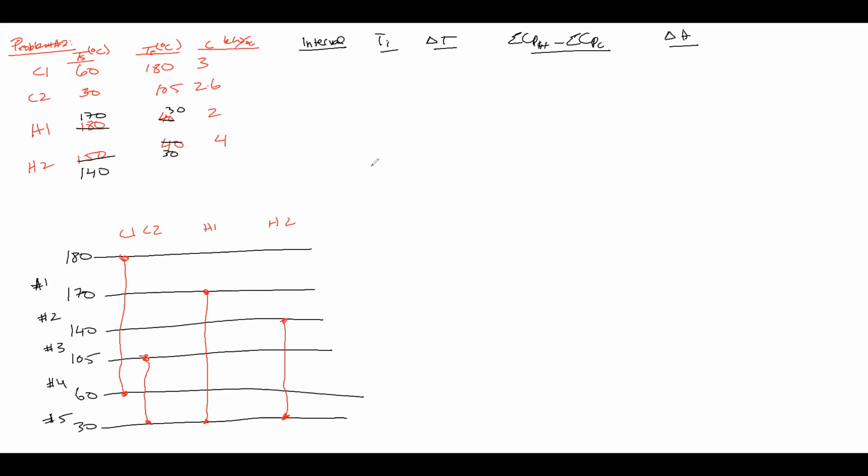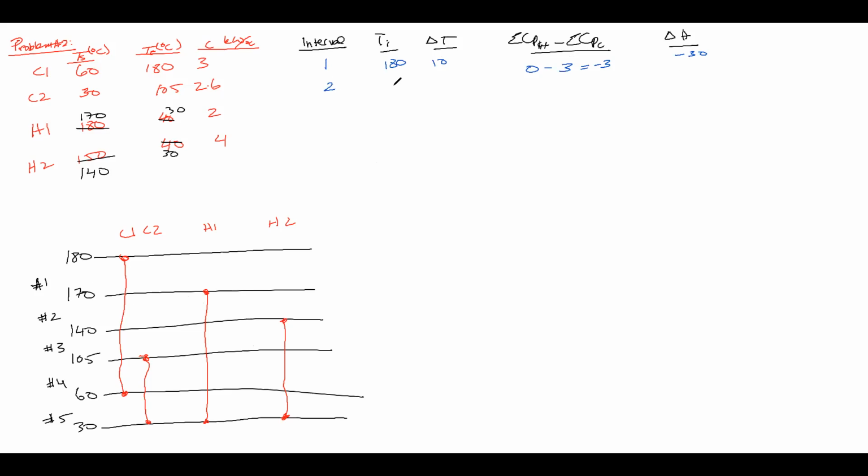So I'm going to look at interval number 1. My initial temperature in this case is 180. My delta T is 10. Summation of Cp hot minus Cp cold, I only have C1. So it will be 0 minus C1, which is 3. So it's minus 3. And delta H in this case, minus 3 by 10, minus 30. Okay, interval 2.